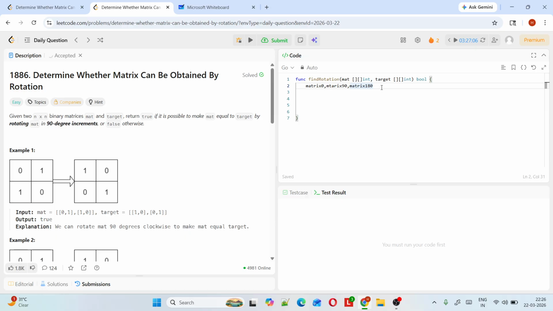You can initialize them with true initially. That means the target can be any one of these.